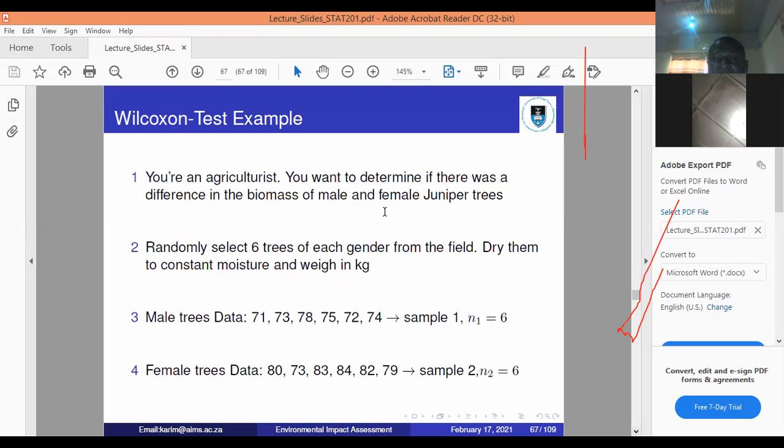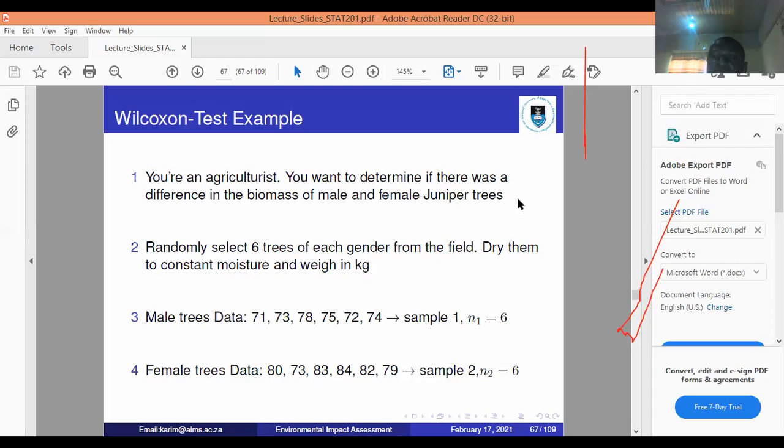Let's consider a data set. You are an agriculturist, and you want to determine if there is a difference in the biomass of male and female Jupiter trees. So you want to check the weight of the leaves or the product from these trees to see where the biomass content is high.